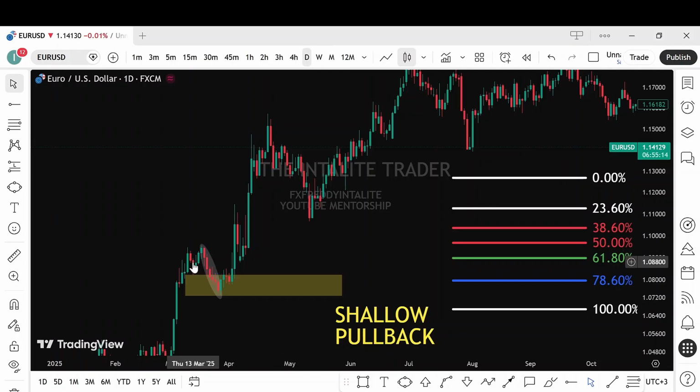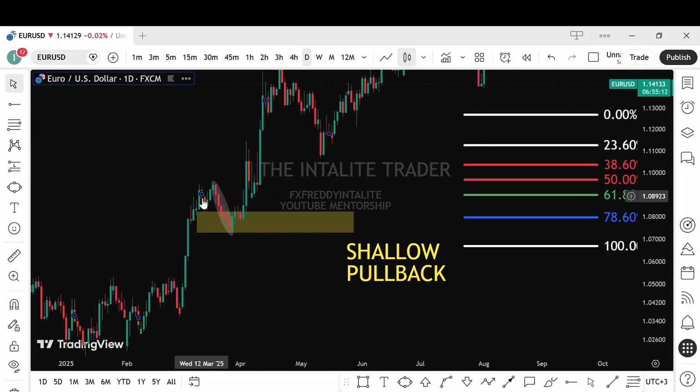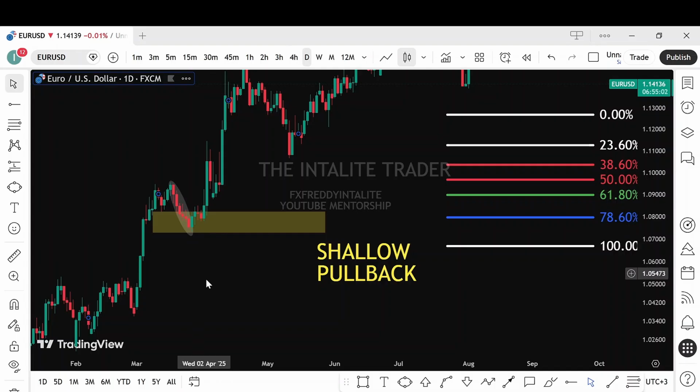If this is an impulsive move, 2 candles are not enough to tell you it is a pullback, because this is a strong move. These 2 green candles cannot say that now price is repricing itself. These candles are not strong enough to tell you that this is something different.